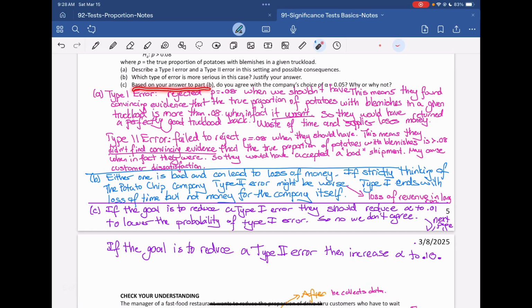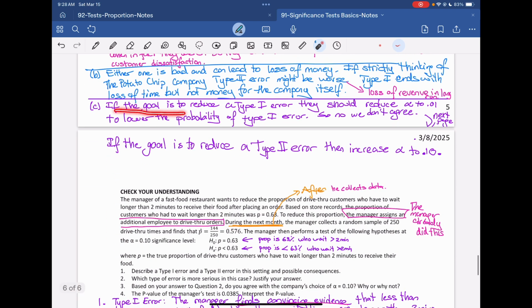Based on your answer on part B, do you agree with the company's choice of 0.05? Why or why not? So if the goal is to reduce a type 1 error, they should reduce the alpha to 0.01 to lower the probability of the type 1 error. So no, we don't agree. But if the goal is to reduce the type 2 error, then increase the alpha to 0.10. Again, we don't agree.